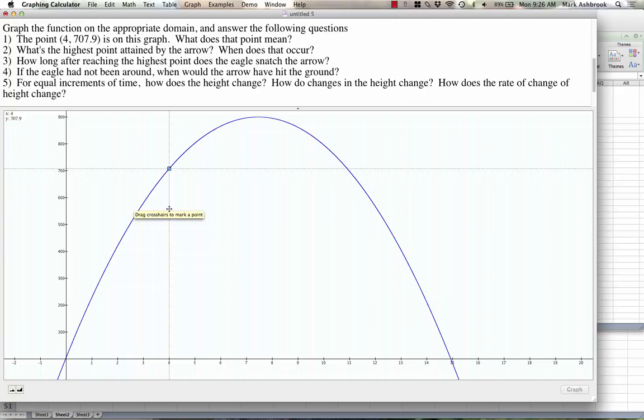So as time goes by, all these points emerge and form the graph. Okay? You have to think of graphs that way. As time increases, we get every single point representing the time and the corresponding height.